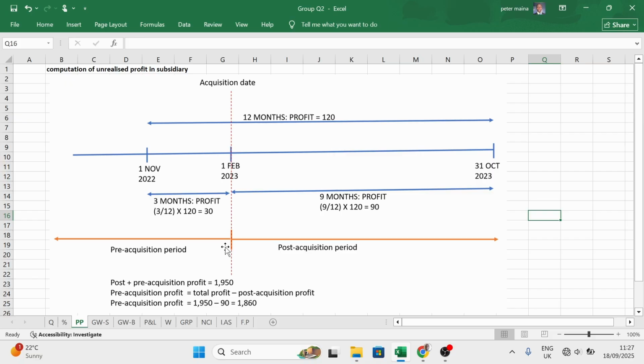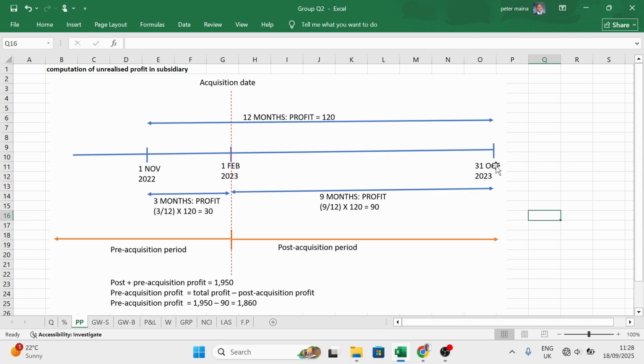So how do we find it? This is a diagram to help you understand clearly how we obtain the pre-acquisition profit. This is when the year began, on 1st November 2022. Acquisition took place on 1st February 2023, that is the acquisition date.